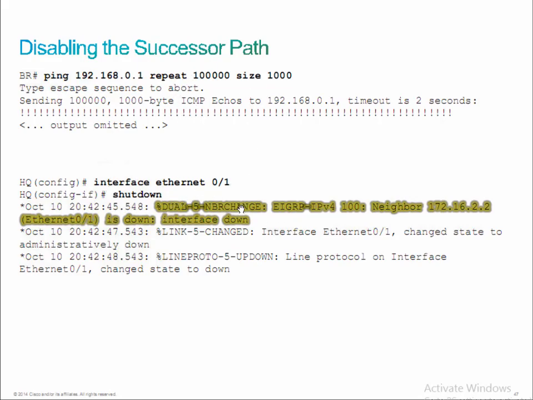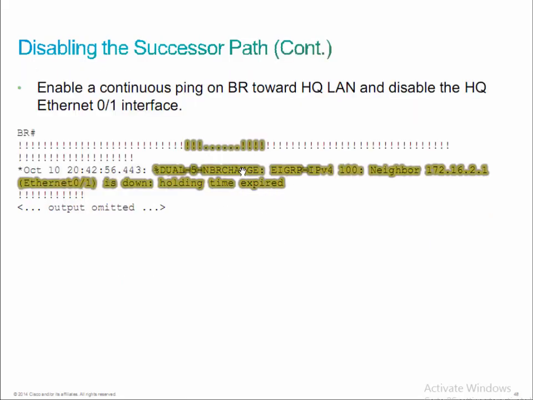Now they shut down the next path. All right, so now we only have one link available. And again, you see lost packets about the same, 1, 2, 3, 4, 5, 6. So they lost one more in this case than they did the previous time. The point here is that that third path is still a valid path, and the query process doesn't take a significant amount of time to happen.